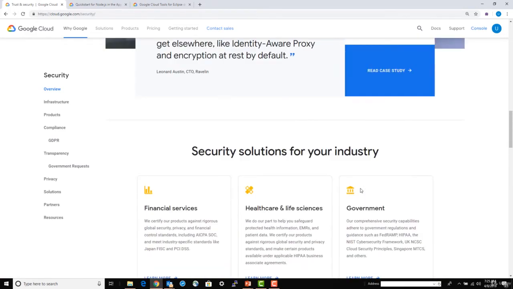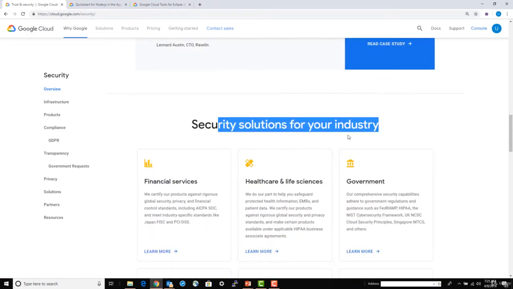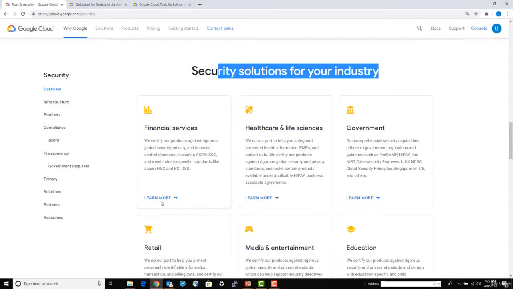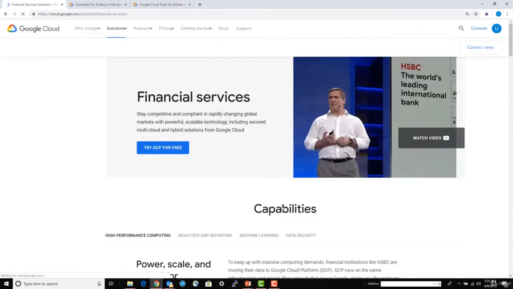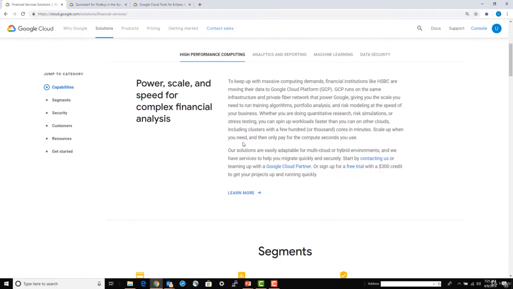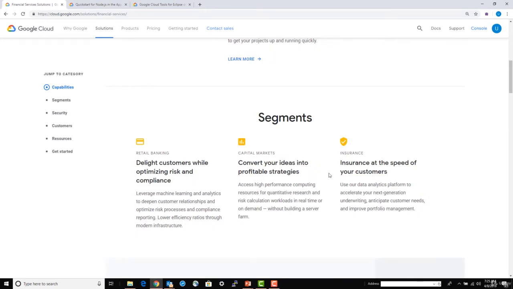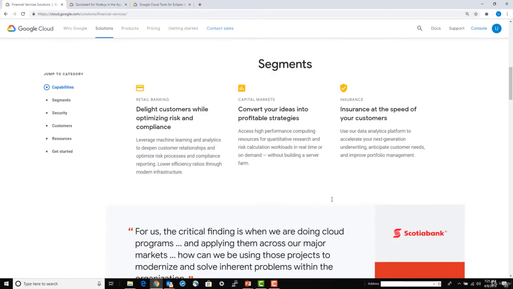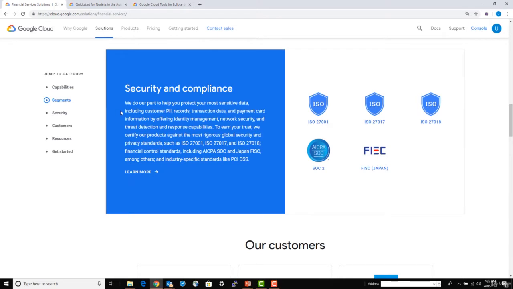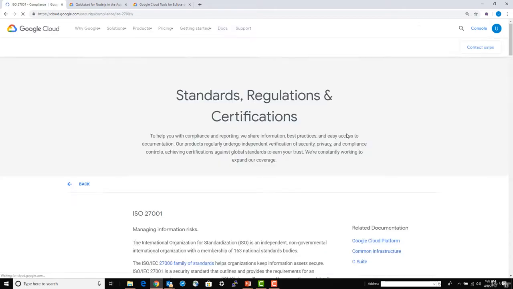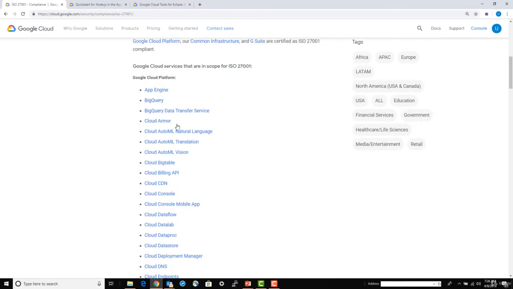If you look at security solutions for your industry, like financial, and get into more details for each individual market, you can see how they satisfy the security and compliance requirements. It is 27001. If I click here, it will show which applications comply with those security measures.